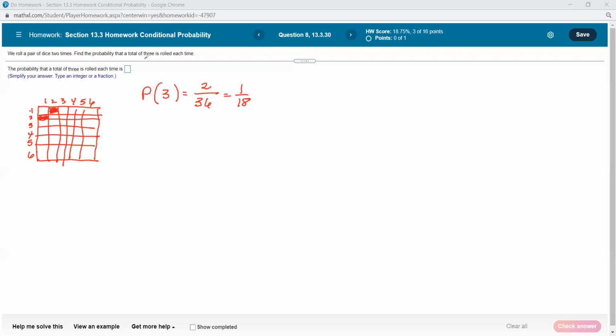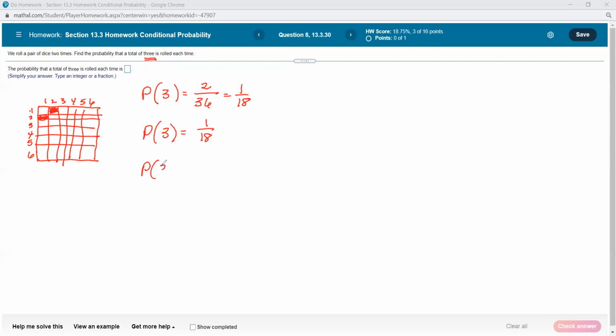Again, the probability of rolling the second 3, because we don't have to worry about replacing the 3 on the dice, right? So the probability is the same for both times. So again, the probability of another 3 is, of course, still 1 out of 18.